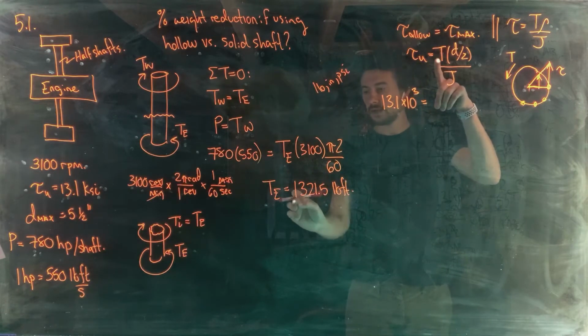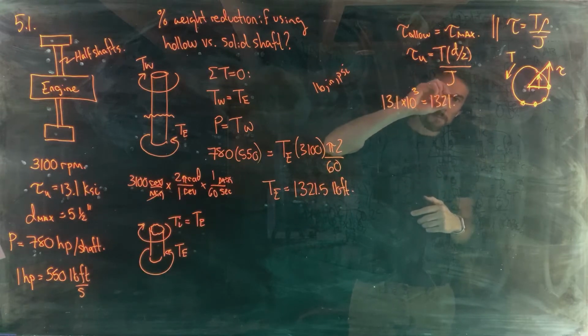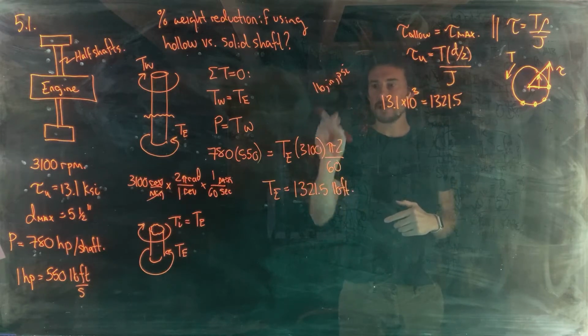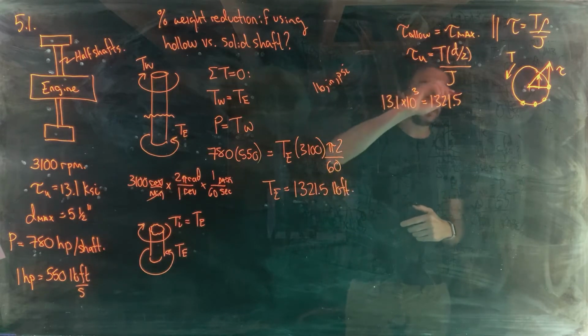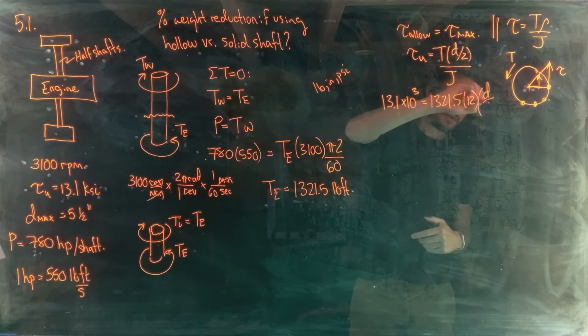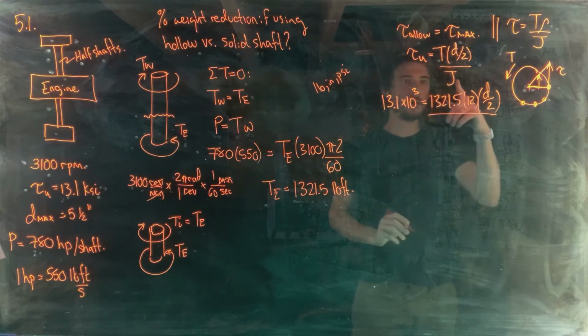Our torque is 1,321.5, but that's in pound-feet, and we want pound-inches, so we're going to multiply by 12. Then multiply by our diameter divided by 2. Our diameter is what we're looking for here, and divide by J.